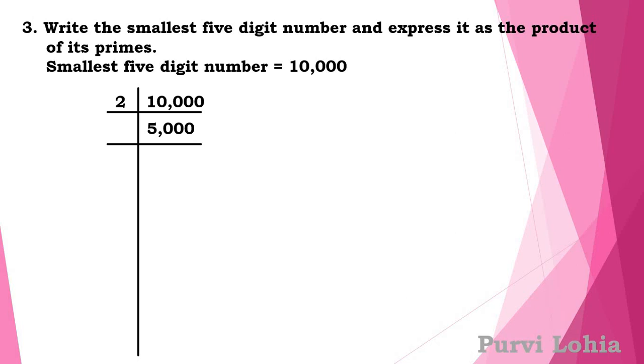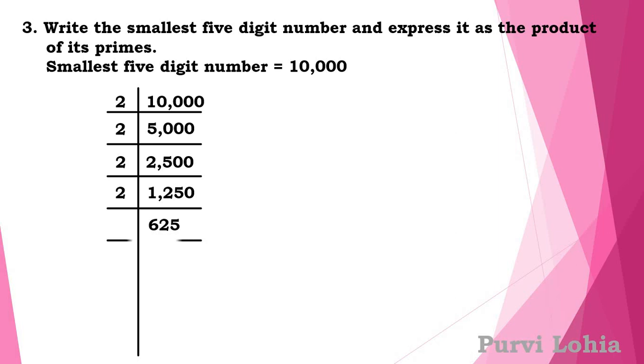Again 2, it will give 2500. Again 2, it will give 1250. Again it is an even number, so again 2, and it will give 625. Now when you get 625, it is an odd number. Is it divisible by 3? No, it is not. So it is divisible by 5 because the units place is 5.